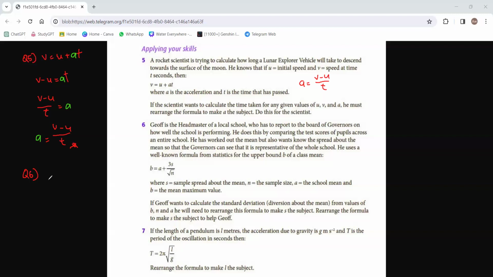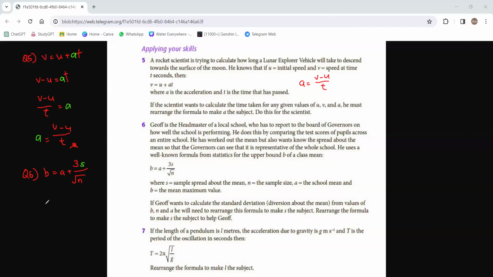Okay, so firstly, we know that the formula is B equals A plus 3S over square root n. And so firstly, we know that here A is positive.